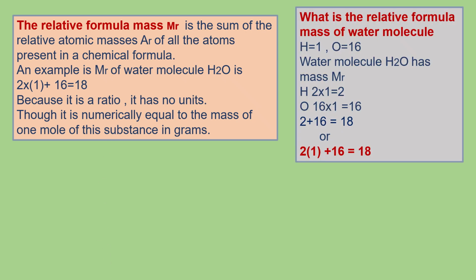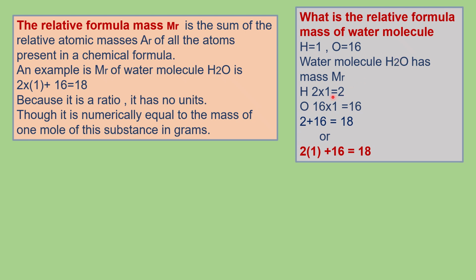Let's take an example. How do you calculate the relative formula mass of a water molecule? You are usually given the relative atomic masses of the elements, H 1 and oxygen O 16. The water molecule formula is H2O, and now we want to calculate Mr. You take into consideration the number of atoms of each element and multiply it times its relative atomic mass.